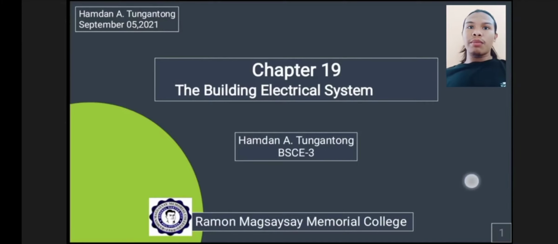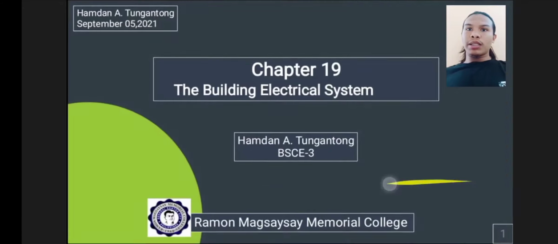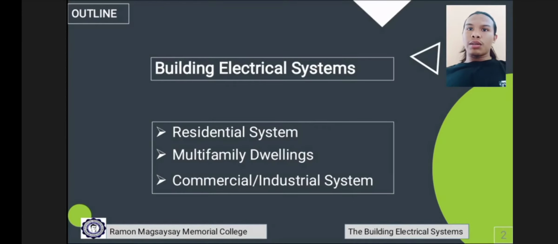Power conversion from 11 kilovolt networks down to the 230 volt to 400 volt range is usually undertaken by a transformer in a substation. The electrical building system has typical types, which are residential system, multifamily dwellings, and commercial or industrial system.